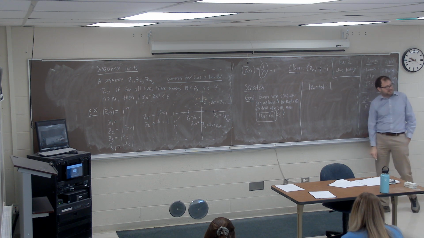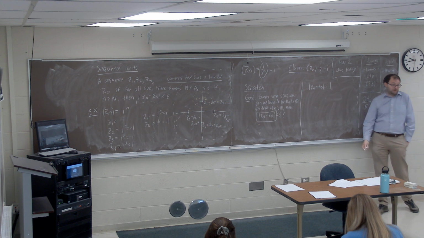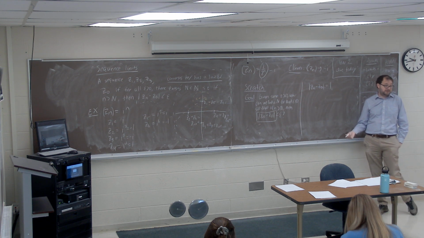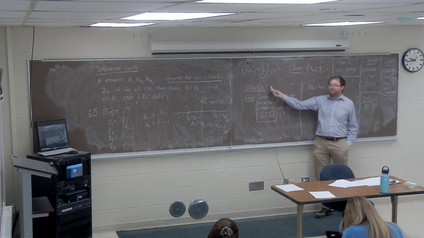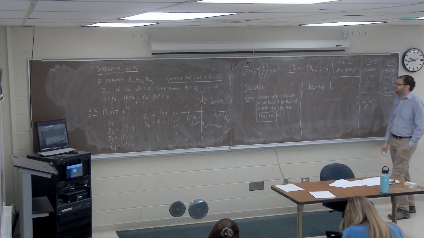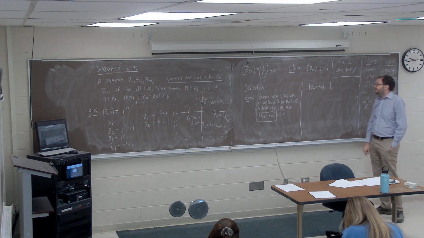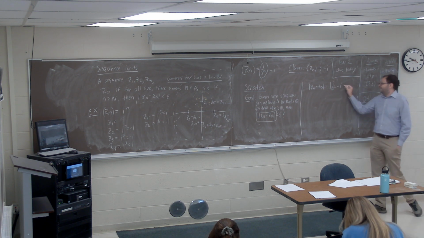So Caleb, what would z sub n be in this case? In other words, how did we define the nth term in the sequence? Oh, i over 2 to the n minus i. Yeah, the z sub n.